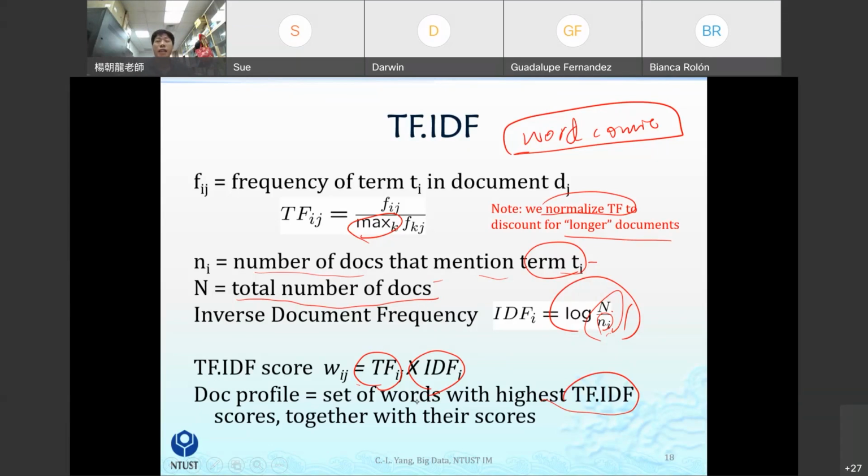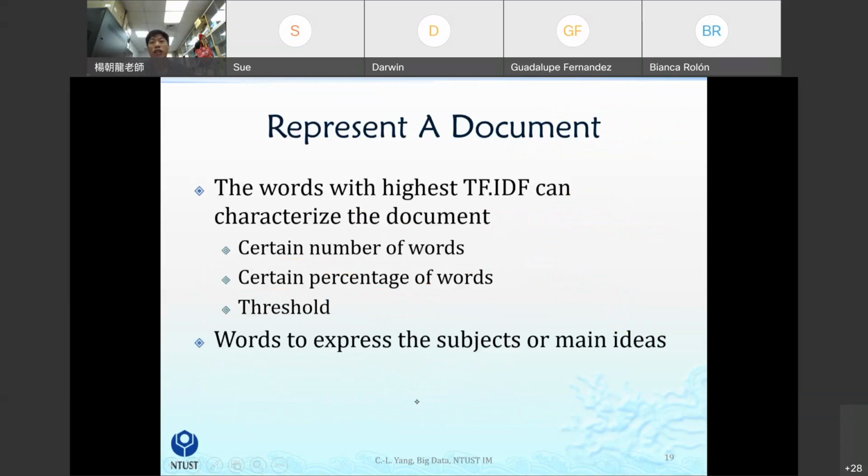And that is the fundamental concept we use for text mining. Since we are able to find the TF-IDF, we are able to use the highest TF-IDF terms to categorize the document.